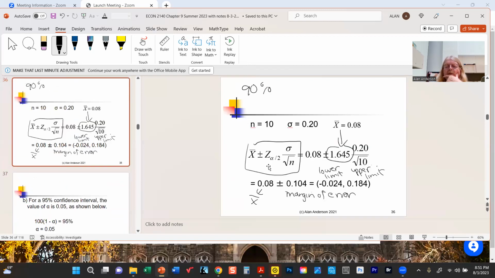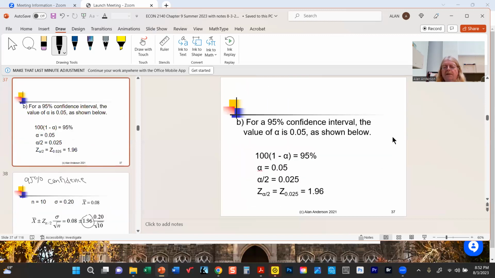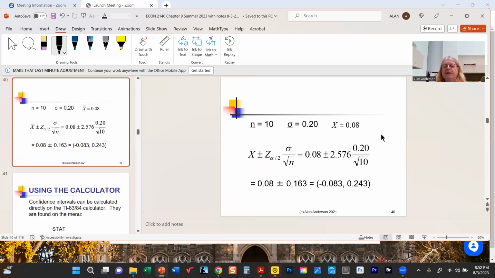The more confident we want to be, the more values we have to include in our interval. Okay, and that's because the margin of error gets bigger when we allow for more confidence. And that in turn is because the z-score gets bigger. Okay, so yes, in all three cases, the z-score keeps getting bigger, which increases the size of the margin of error, which in turn widens up the interval.